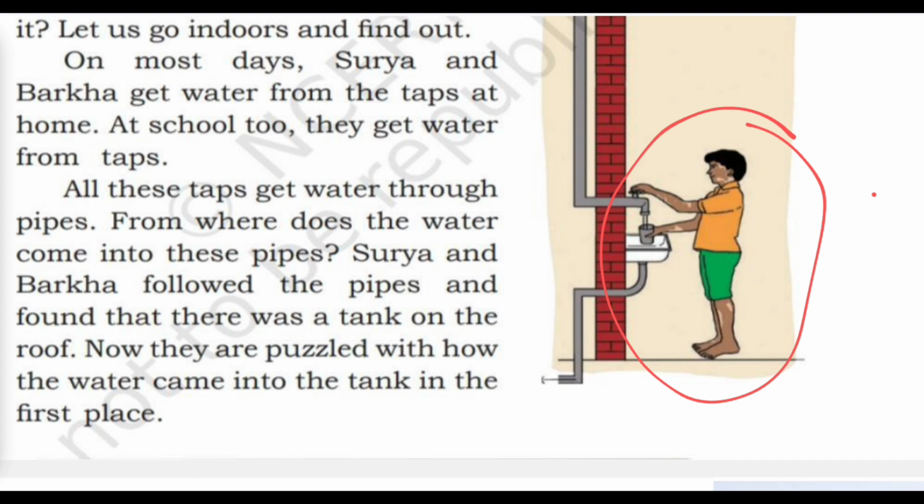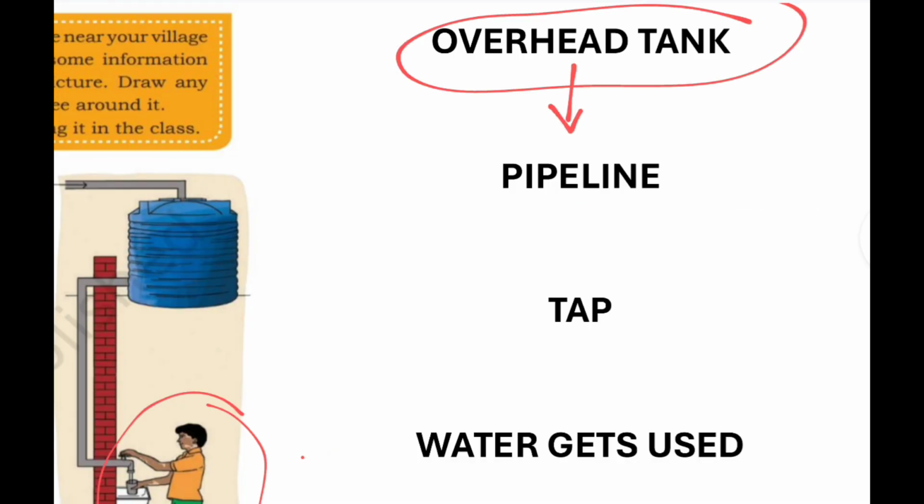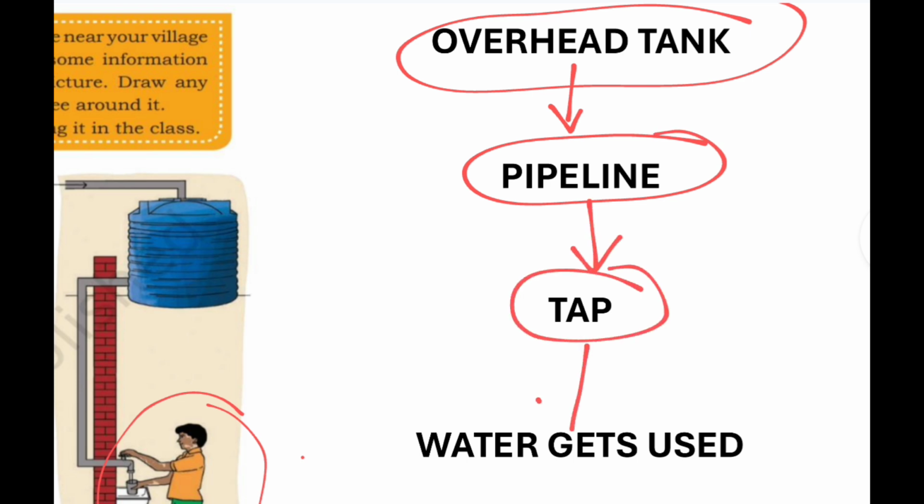And those pipes are further connected to a tank. There's an overhead tank. From the overhead tank, the water enters the pipeline. From the pipeline, the water enters the tap. And from the tap, the water comes to us and we use it. So this is how it works.